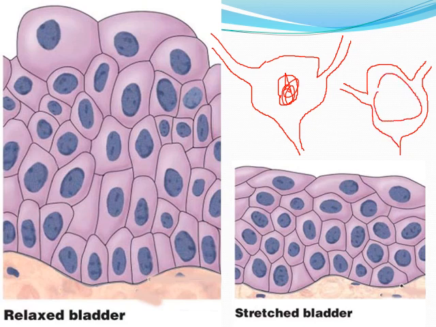Here I'm going to accommodate more urine. How? The epithelium will be stretched and glide one over the other in order to decrease the thickness of the cells, so I can accommodate more urine.